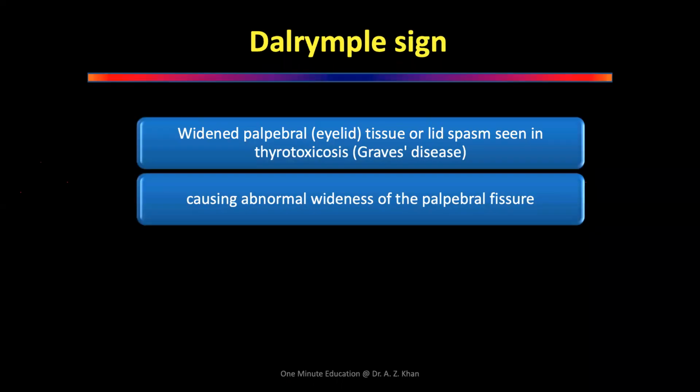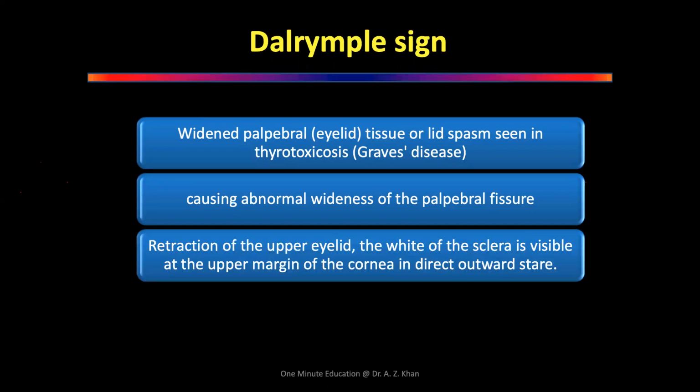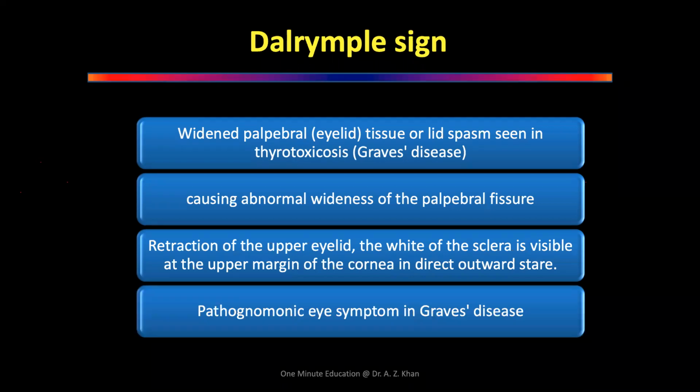It's widened palpebral eyelid tissue or lid spasm seen in thyrotoxicosis, Graves' disease. Causes abnormal wideness of the palpebral fissure, a retraction of the upper eyelid. The white of the sclera is visible at the upper margin of the cornea. Okay, so the white of the sclera visible is called a Dalrymple sign, and it's a pathognomonic eye sign in Graves' disease. Okay, all right.